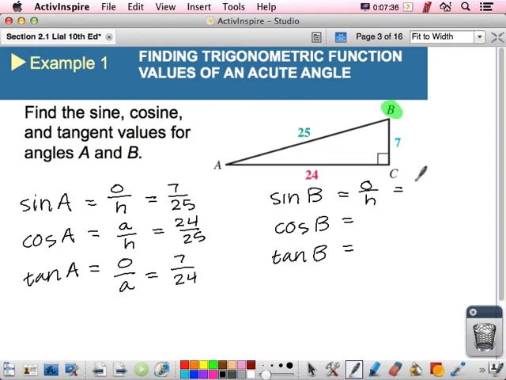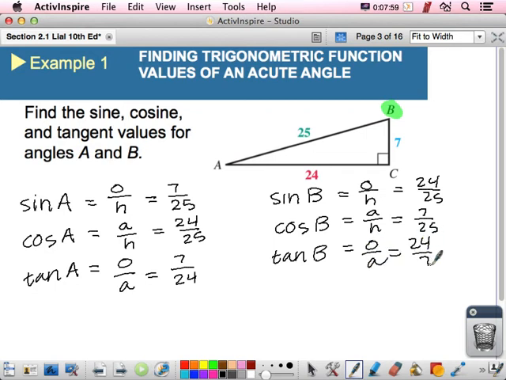Let's do it out to the side. 24 over 25. The cosine is the adjacent over the hypotenuse, which in this case is 7 or 25? 7 is adjacent and 25 is the hypotenuse, so 7 over 25. And finally, the tangent is opposite divided by adjacent, so 24 over 7.